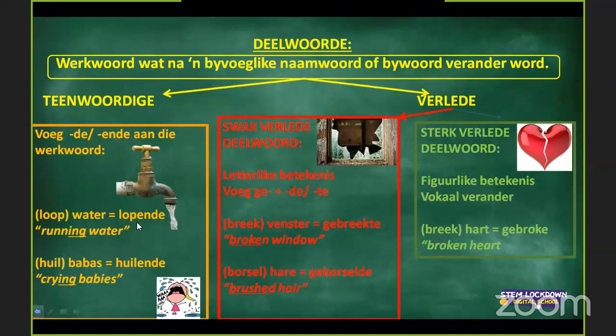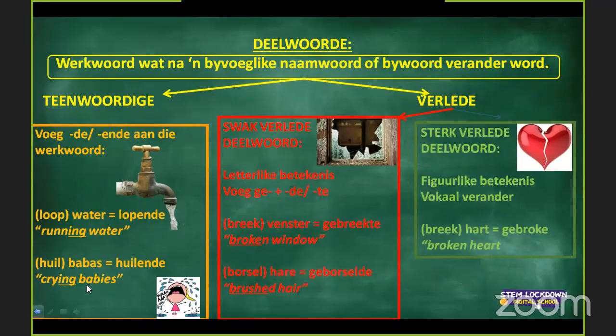Right, so ons het hier loop water. Goed, so lopende water, running water. Huil babas, huilende babas. But crying babies. The easiest with these ones are actually trying to translate the adjective and the noun, okay, because then you can see what you have to add.